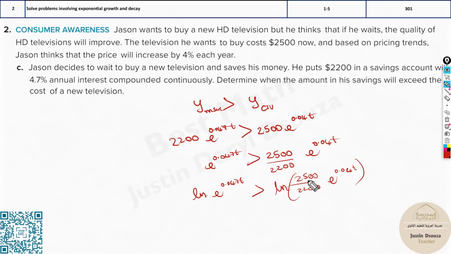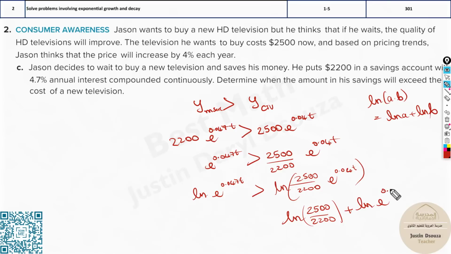Now, because of the properties of natural logarithm, when you have 2 terms a and b, ln of a multiplied by b will be equal to ln a plus ln b. So here we have this 2,500 divided by 2,200 as one term, plus ln e to the power 0.04t. Now you can easily solve this.